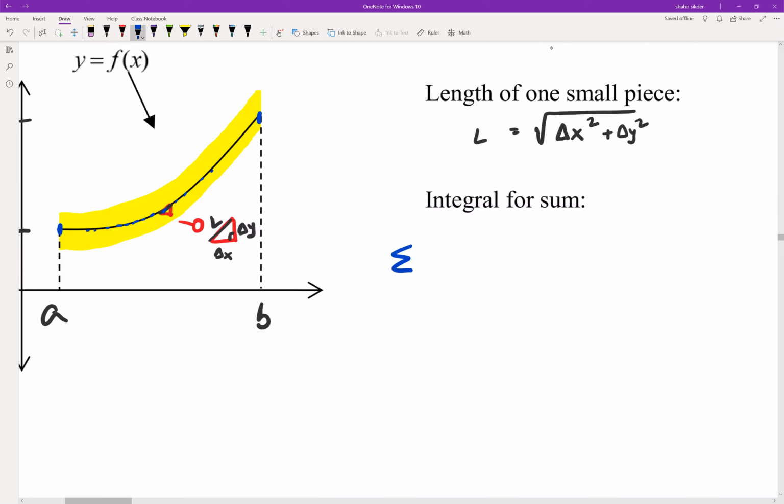I'm going to take small triangles from 1 all the way to infinitely many, n, of the square root of delta x, that quantity getting squared, plus delta y, that quantity getting squared. And I'm also going to call it the ith component.